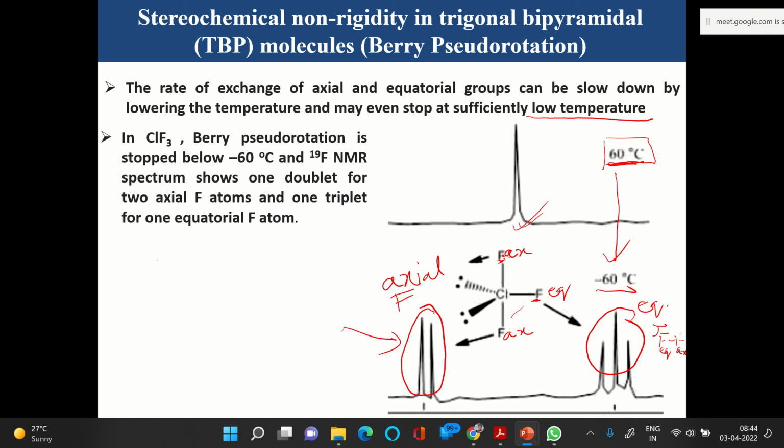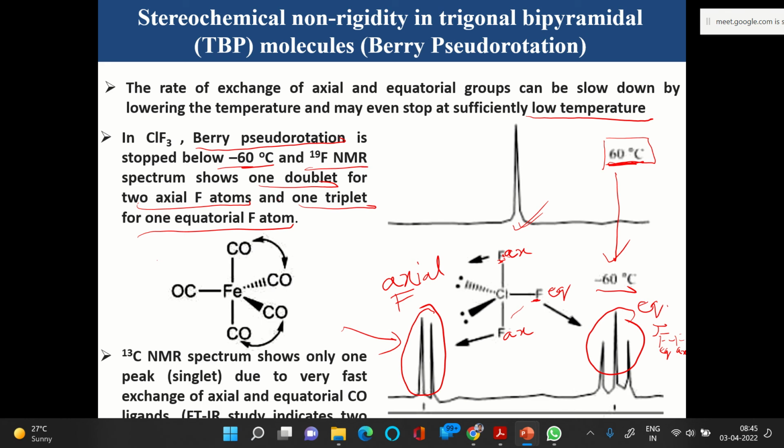ClF3 is a good example: you can stop the Berry pseudo-rotation at minus 60, and the 19F NMR spectrum shows one doublet for the two axial fluorine atoms and one triplet for the one equatorial fluorine atom.